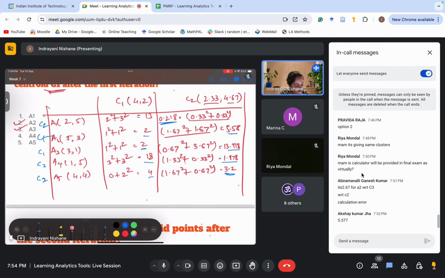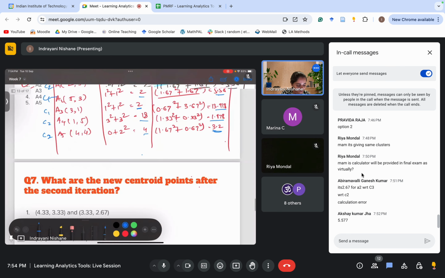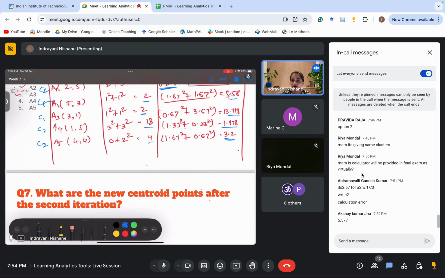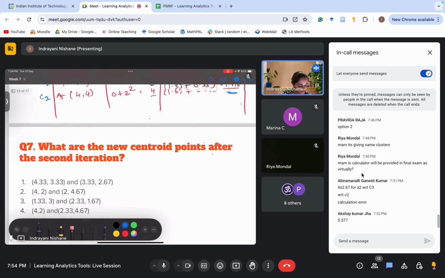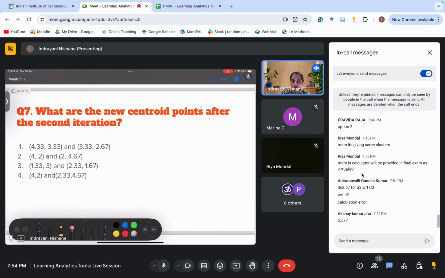So I think the distribution remains the same. Earlier also, C1 had A2 and A3 and C2 had A1, A4, A5, so it remains the same. If the points belong to the same cluster, then their average will also remain the same. Okay, so we need not do the calculations again.